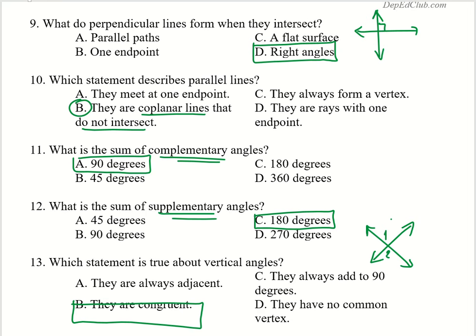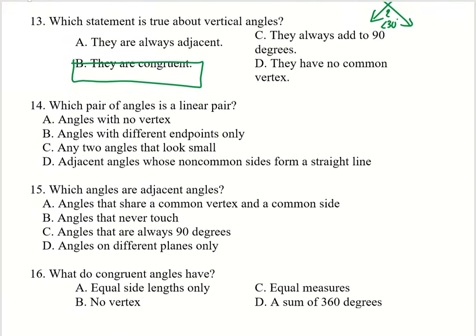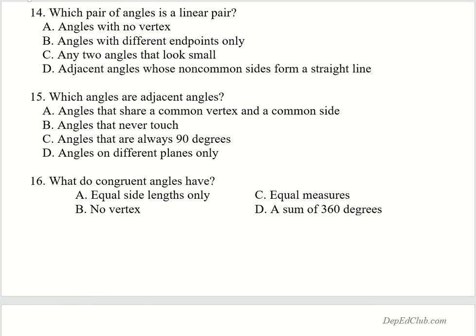Whatever the measurement for angle 1, for example 30, that is the same measurement for angle 2, 30 degrees also. 14, which pair of angles is a linear pair? For a linear pair, the angles should be adjacent and supplementary. We have adjacent angles whose non-common sides form a straight line. Straight line, that is supplementary.